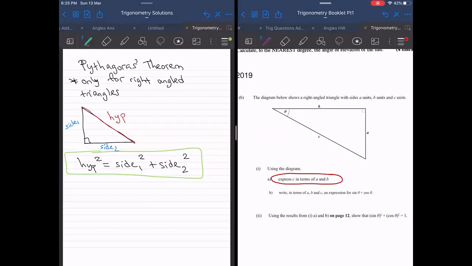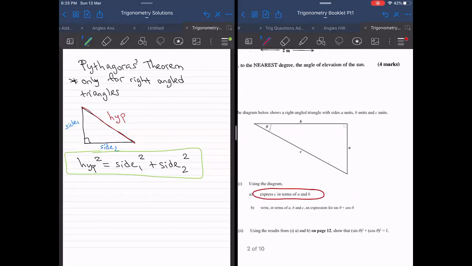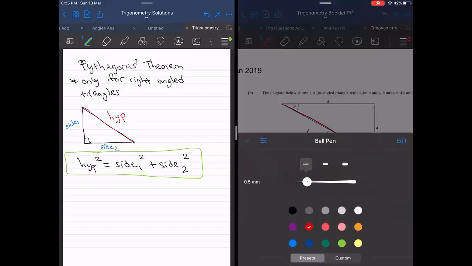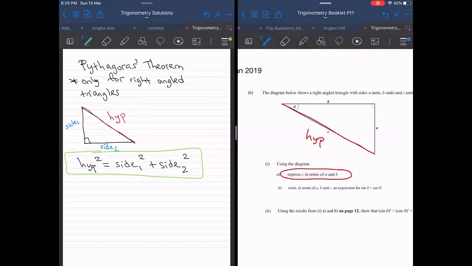Now, since it's a right angle triangle, and it's asking me to talk about all of the sides, this is where you would know that they're asking you to use Pythagoras Theorem. So this is across from the right angle, so we know that this is the hypotenuse. And then this would be the other two sides, so we can call this side 1, side 2.